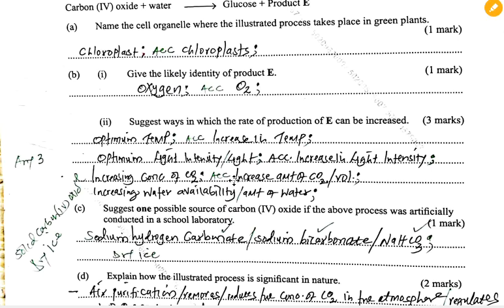Also, we can accept increase in temperature, but the temperature should be at optimum. Beyond the optimum, the rate of production will be very low, or even no production, because enzymes are denatured by temperatures above the optimum. Another factor, optimum light intensity, also will increase the rate of production of E.